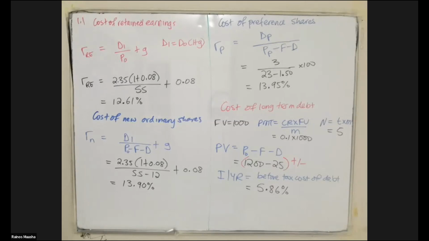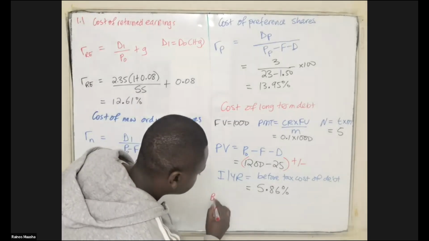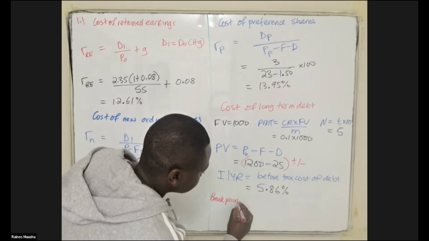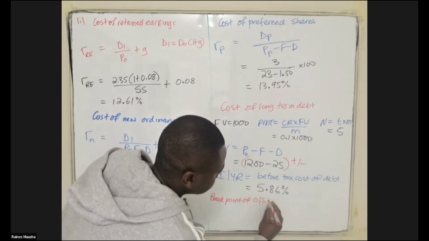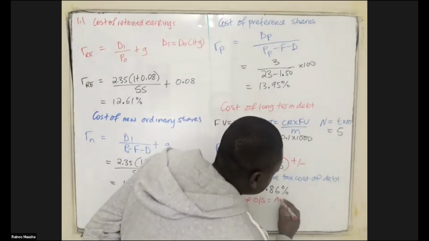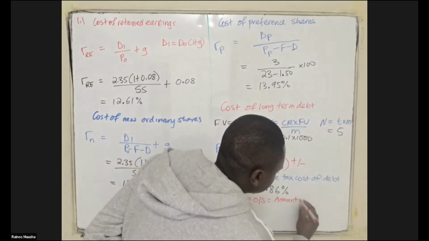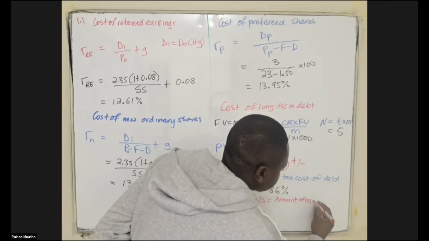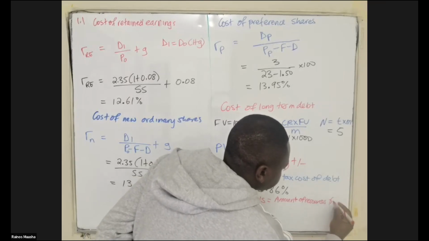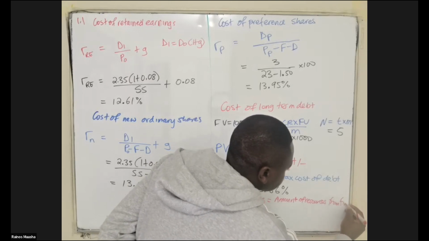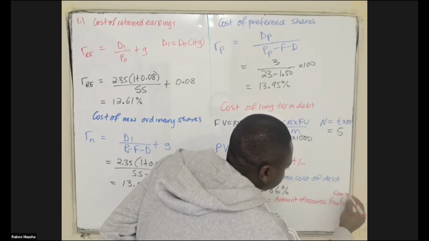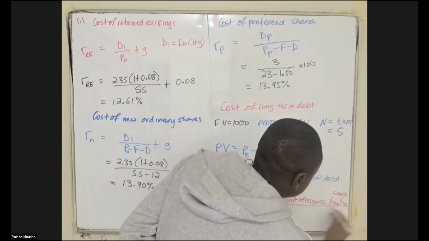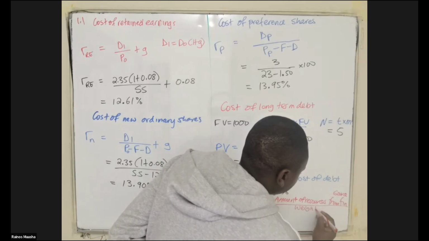Now, the other part of the question that they were asking us to find is the breakpoint of ordinary shares, right? So the breakpoint of ordinary shares is given as the amount of resources from the financial source divided by the weight of the financial source.